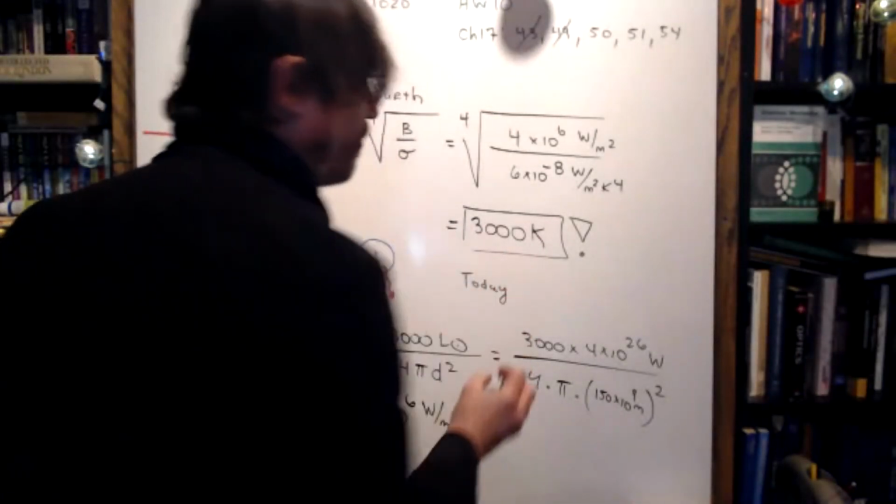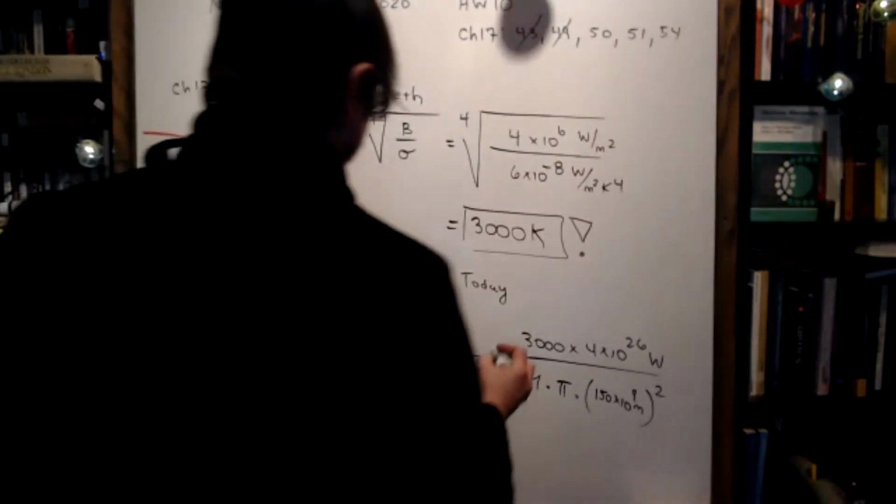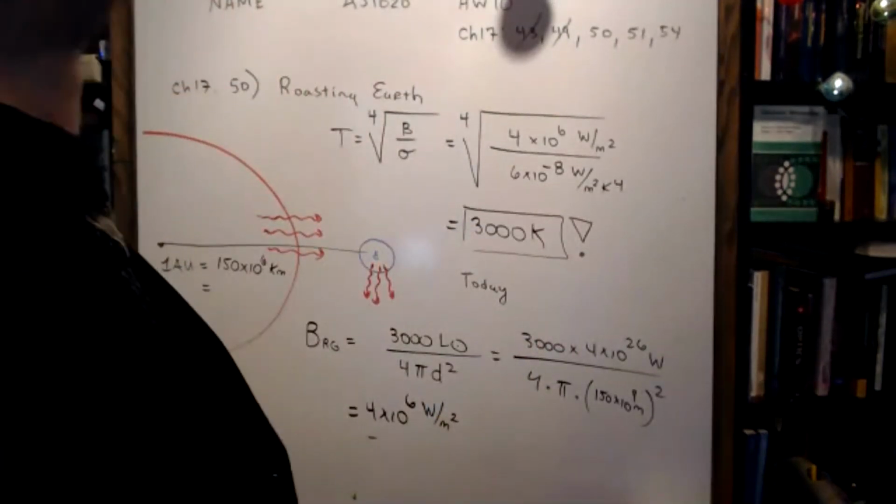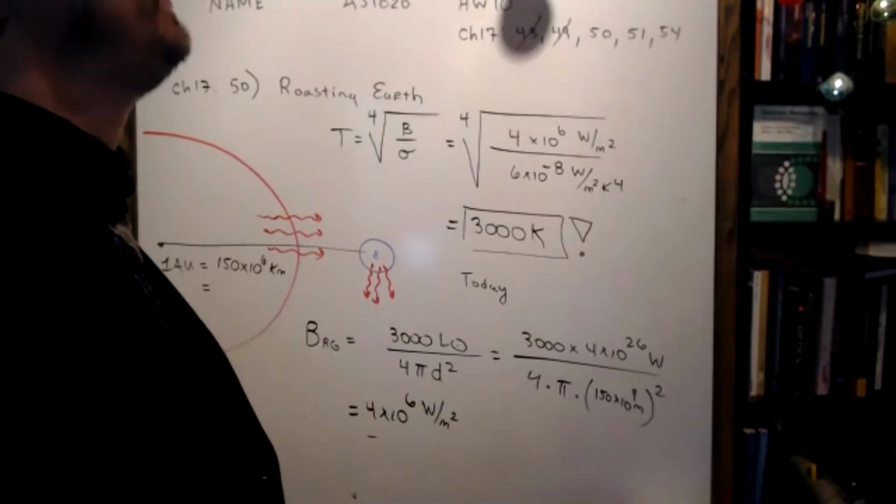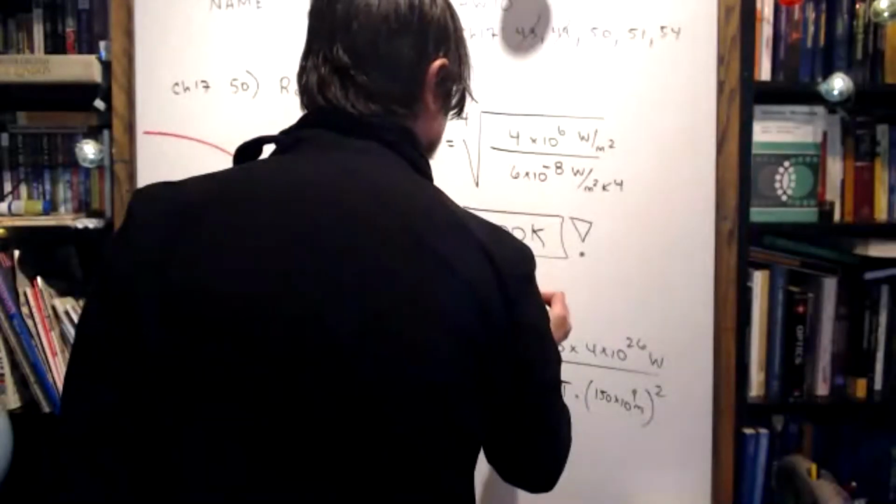Today, the average temperature of Earth, if you average from the North Pole to the equator, is 15 degrees Celsius.